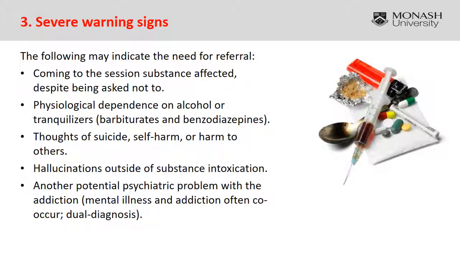So any indication of thoughts of suicide, self-harm or harm to others would present as a fairly severe risk factor if your client is also taking substances. With these kinds of clients, we want to make sure that there is definitely a GP involved who can monitor and also do other kinds of assessments to determine if the client is safe.